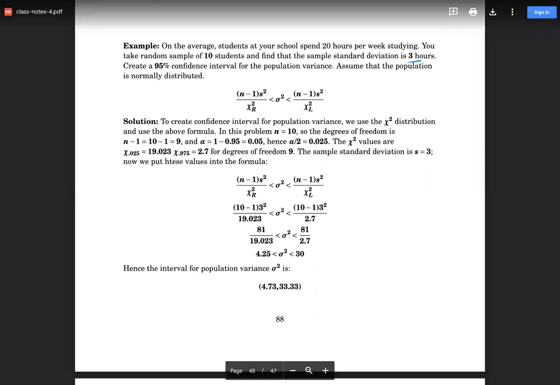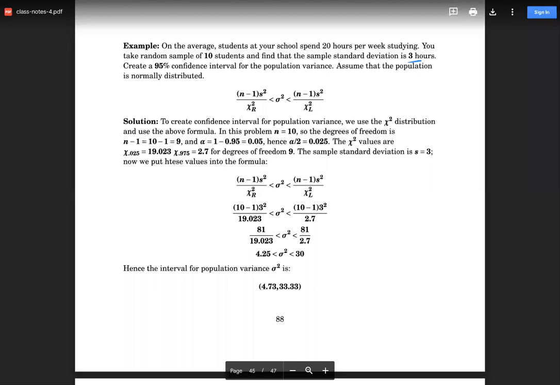So here, one of the assumptions is that the population has to be approximately bell-shaped. This is somewhat of a stronger assumption, okay? You have to assume that the population is bell-shaped. Otherwise, your test is not going to work. This is a bit of a stronger assumption for the confidence interval for population standard deviation.